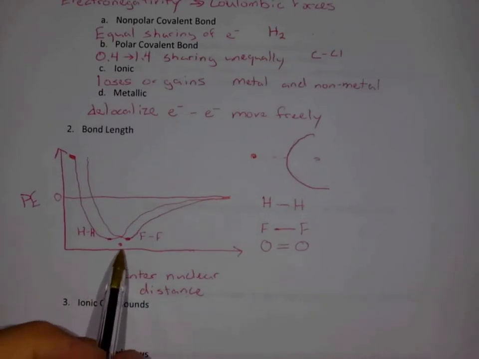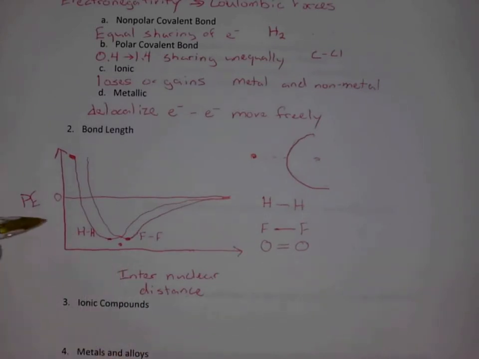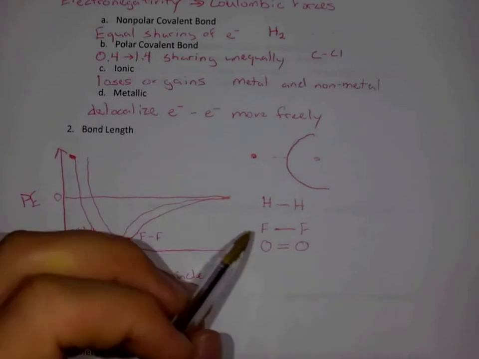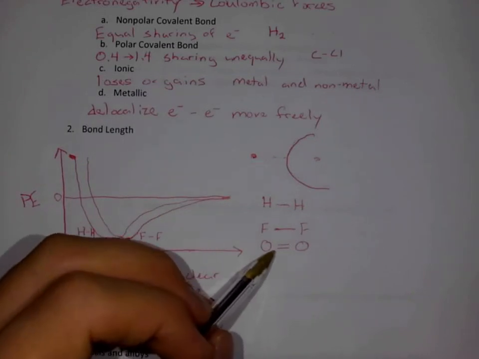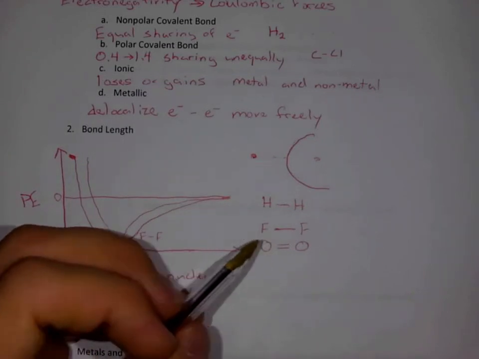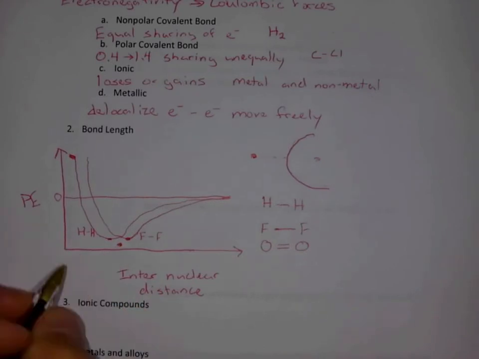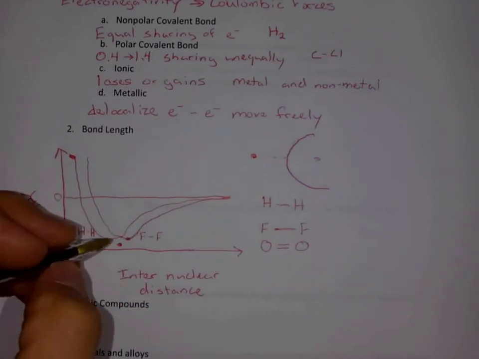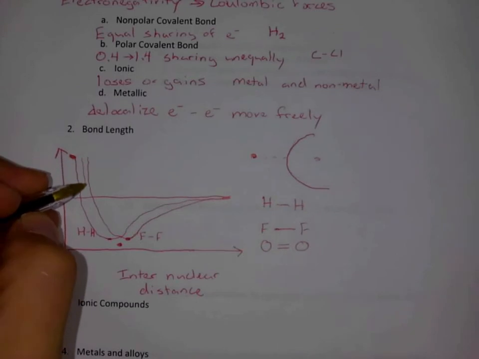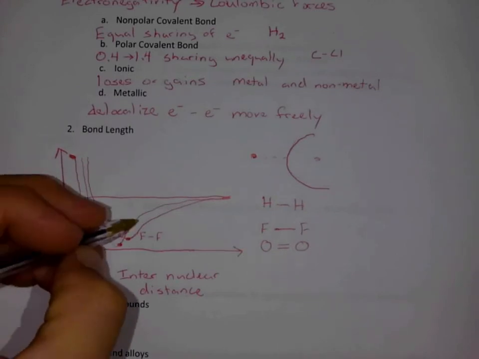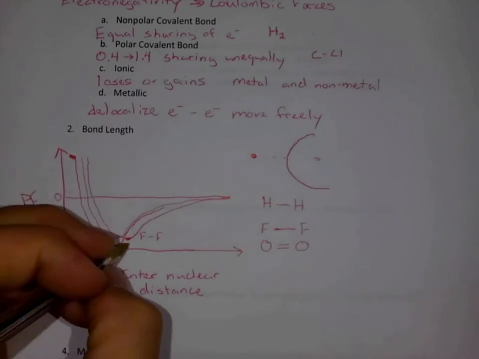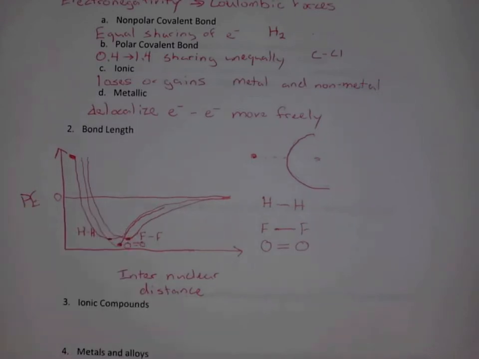The internuclear distance is going to be shorter, but the bond is also stronger. We know that the double bond is stronger than a single bond, so the potential energy is actually going to be lower than the fluorine-fluorine bond. So we might have something like that, and this down here would be our oxygen-oxygen double bond.